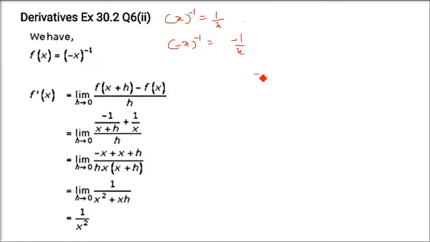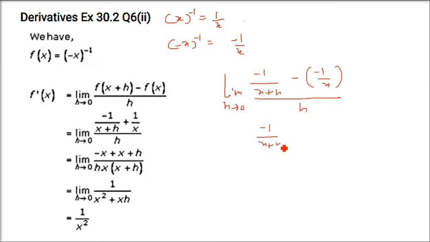Okay. Now let us apply the first principle. Minus 1 by (x plus h), minus of minus 1 by x, divided by h. So what do you get here? Limit h tends to 0. So minus 1 by (x plus h), I am dealing with the numerator. This is minus minus, so it is plus, so we can write 1 by x minus 1 by (x plus h).